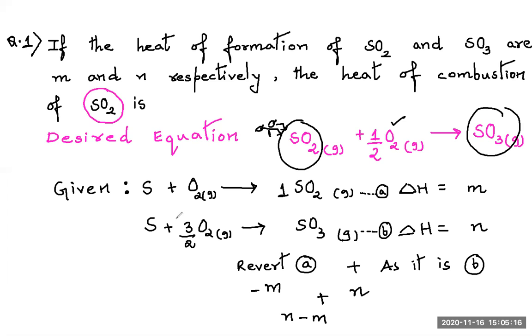This is our delta H for the final equation. Anyone having doubts, since this is a live session, you can also ask me doubts. Okay, so I think nobody is having a doubt. So we can proceed further.